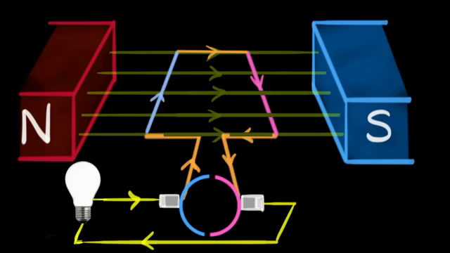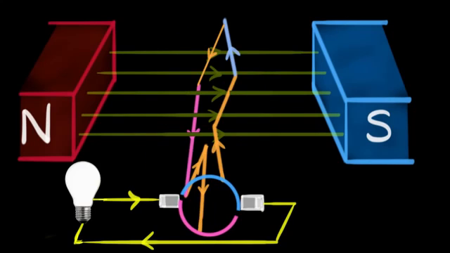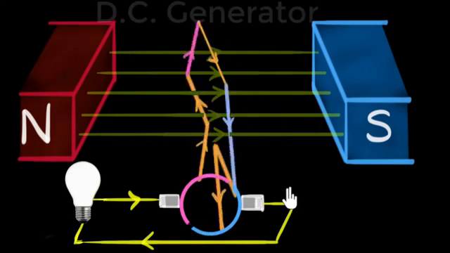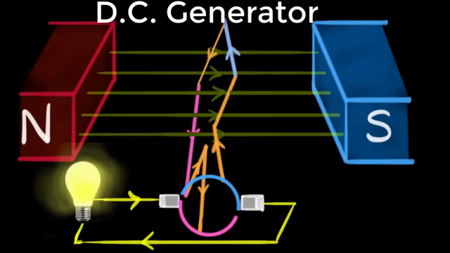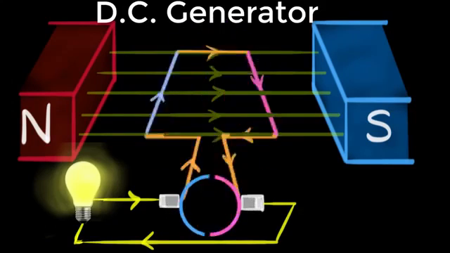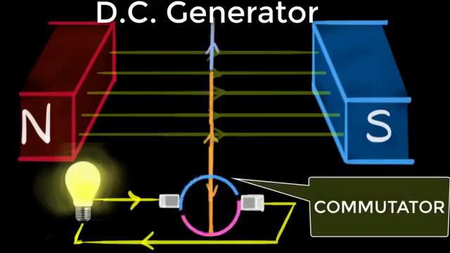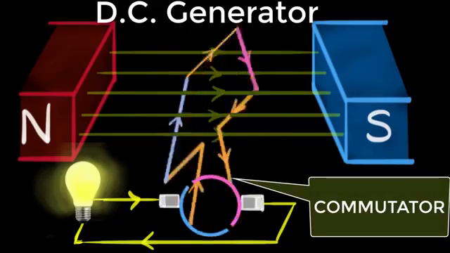Again, as the coil comes to this position, finishing another half a rotation, notice it has changed contact. It is now in contact with the pink ring, connected to the pink side. And this way, we have built our DC generator, where the current only flows in one direction through any external circuit. This arrangement, which helps us automatically change contacts, we call a commutator. So split rings act like commutators.